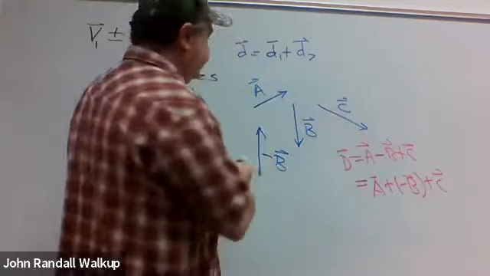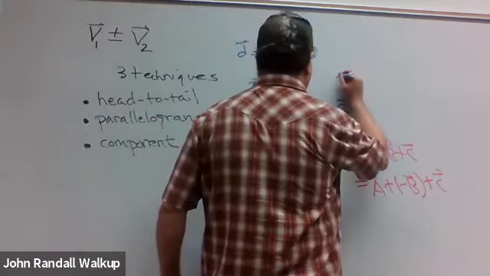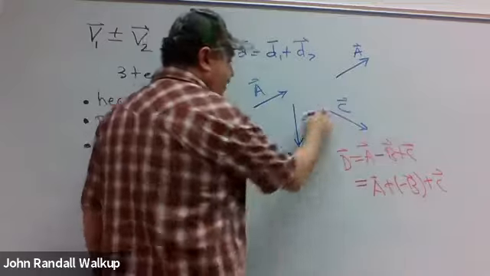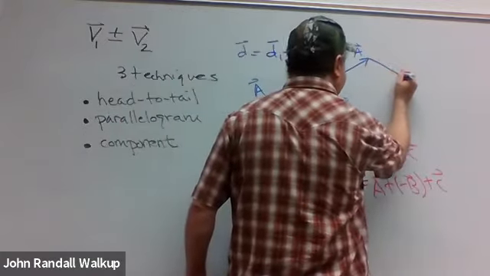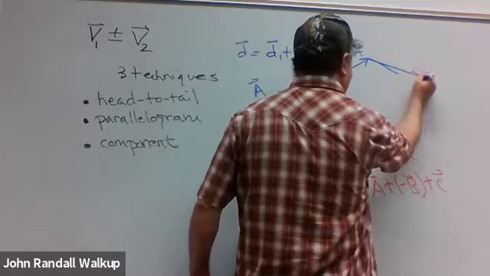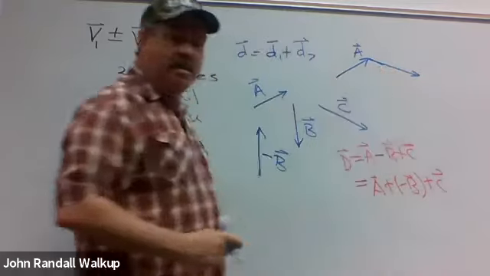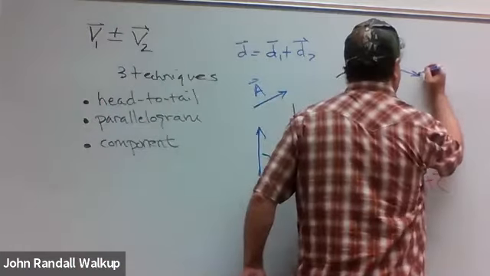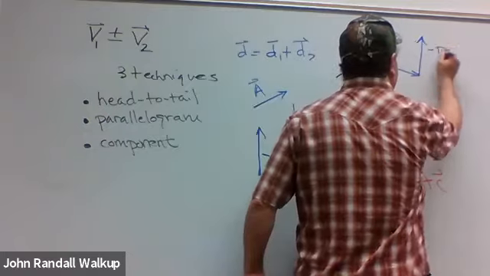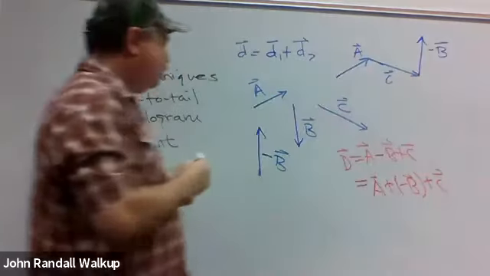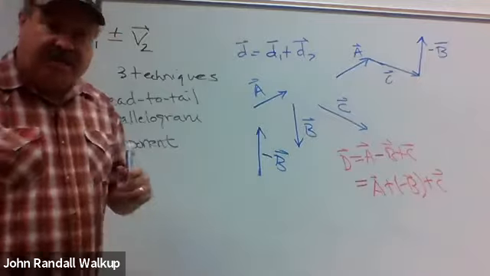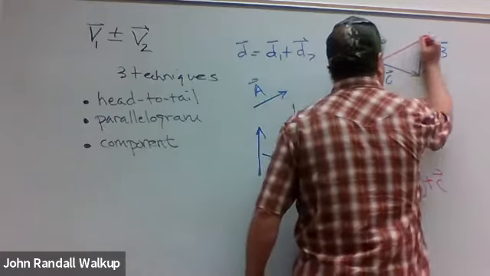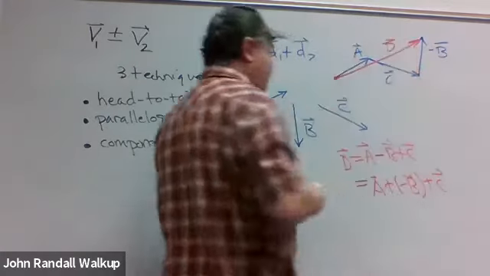I'll do it right now. So I have A. I'll add the C next. And then I'll add negative B. And my resultant is a vector that points from the start to the finish.